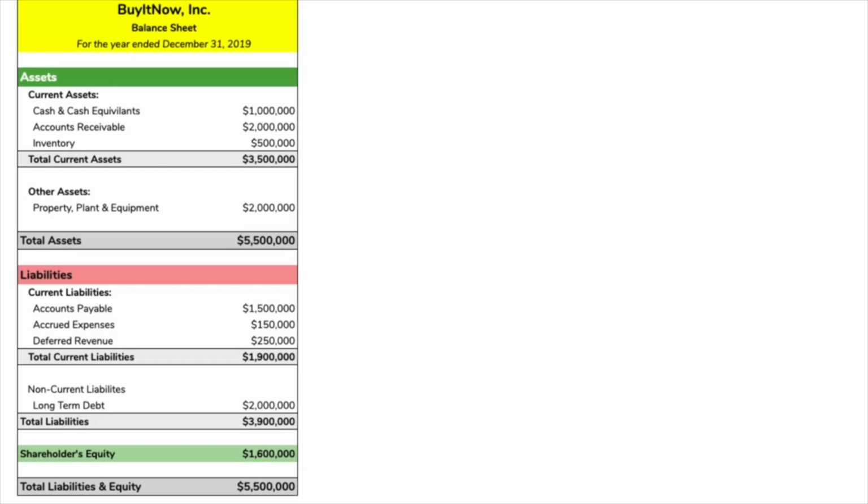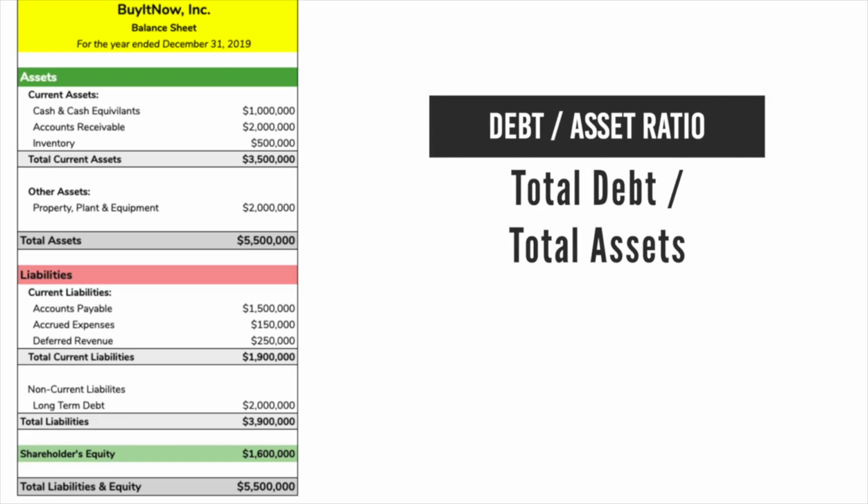So far we've covered two KPIs. The first one is the debt to equity ratio, and the second is the debt to capital ratio. Now the third KPI is the debt to assets ratio, which gives you an indication of how much of the company's assets are financed through debt. The formula, if you look at the balance sheet here, is total debt divided by total assets.